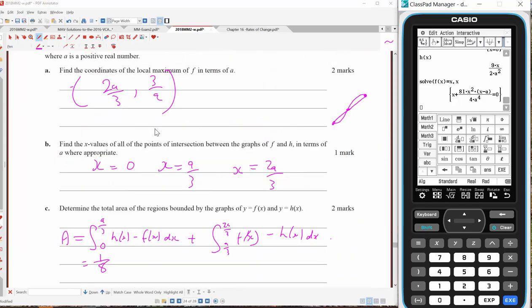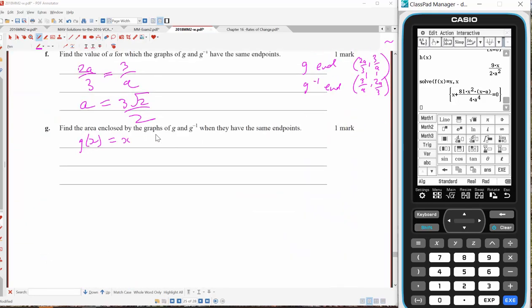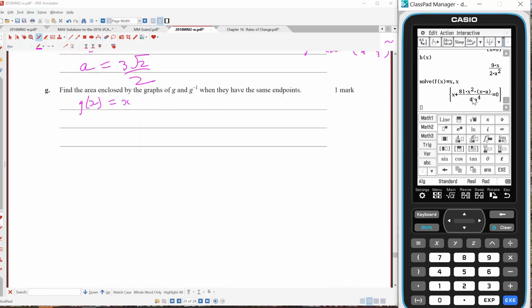G, and G is based on f. So when is f of x equal to x? Well, let's do that. So solve f of x equals x when a is equal to this value here, because that's really what we're doing there.